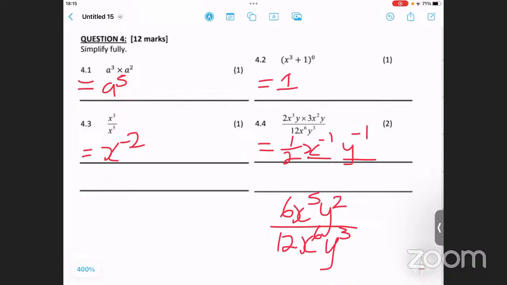Ma'am, I wanted to ask you, would my answer still be correct if I said 1 over 2xy? It'll be correct. It'll still be correct.